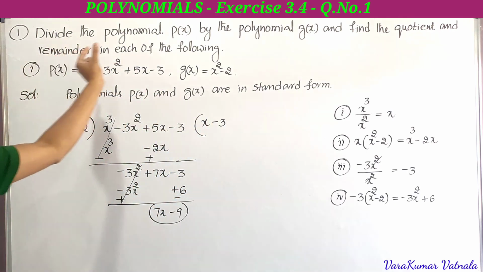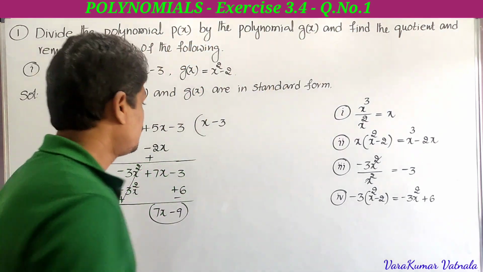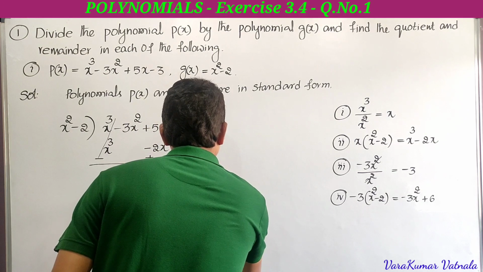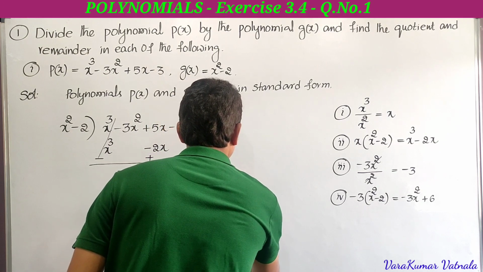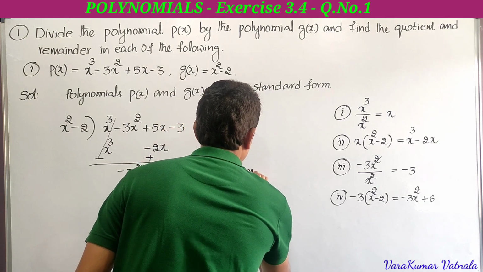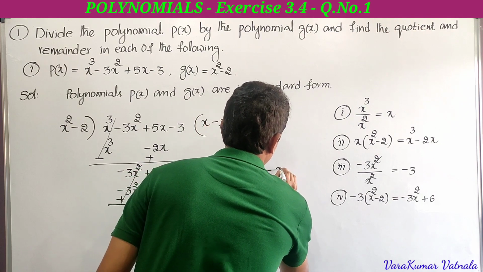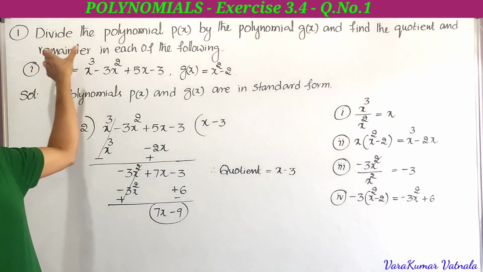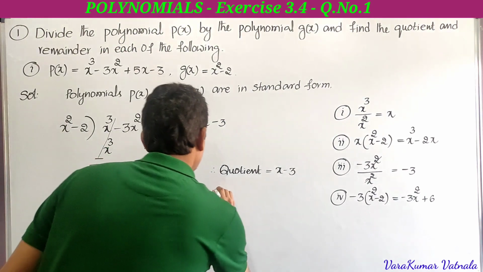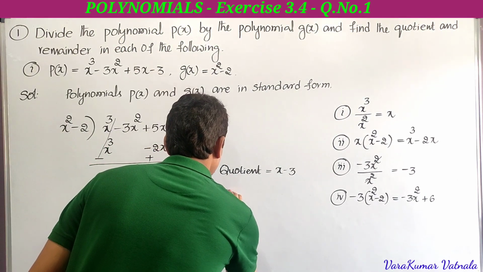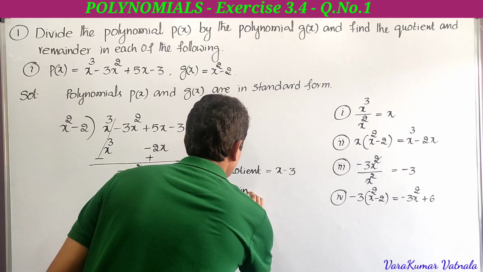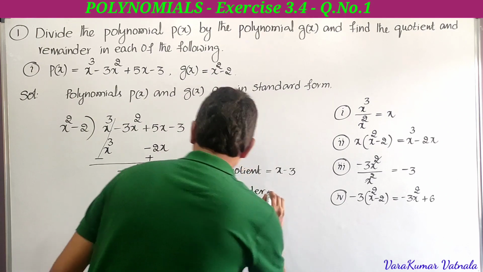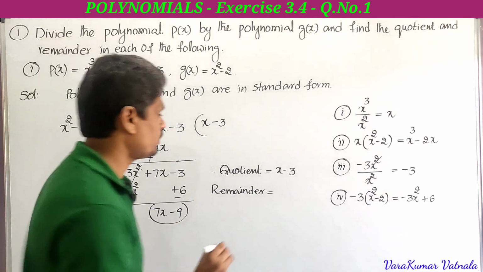He is asking to write the quotient and remainder. Therefore I am writing: quotient is equal to x minus 3. This is the quotient, and he is also asking to write the remainder. Remainder is equal to 7x minus 9.